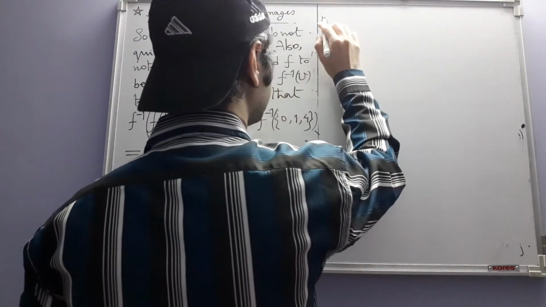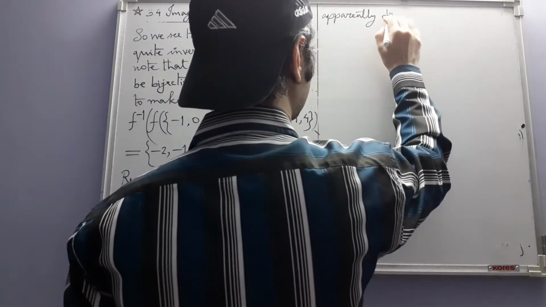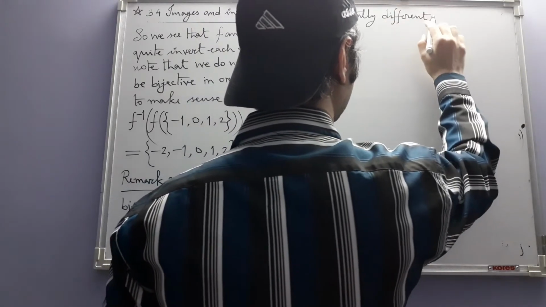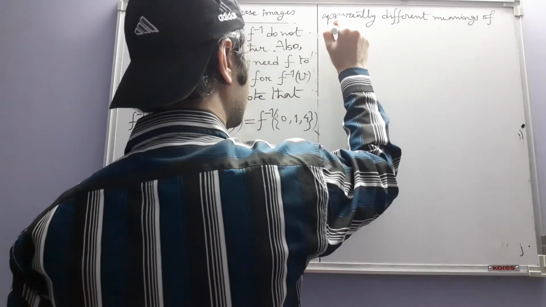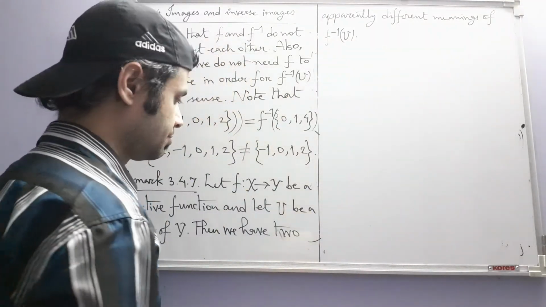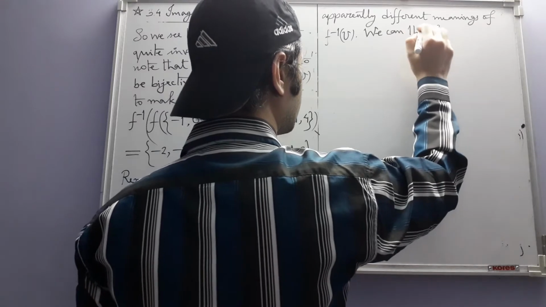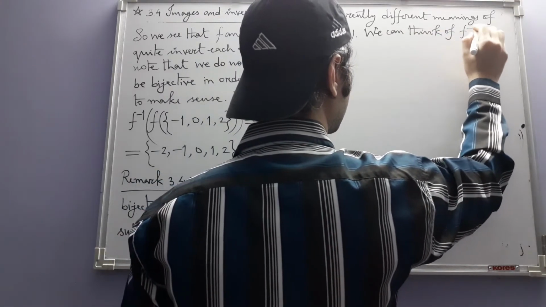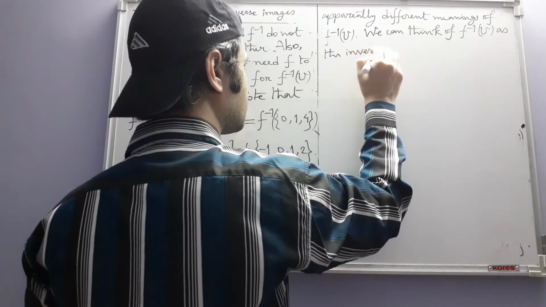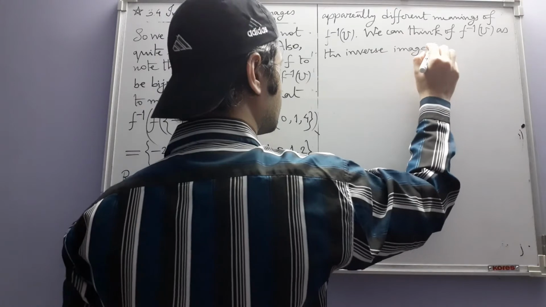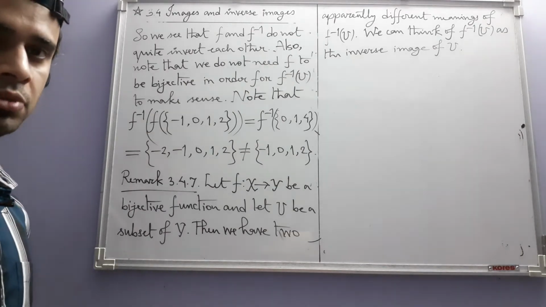Then we have two apparently different meanings of F inverse U. We can think of F inverse U as the inverse image of U, which is what we know F inverse U as, the inverse image of U under F.